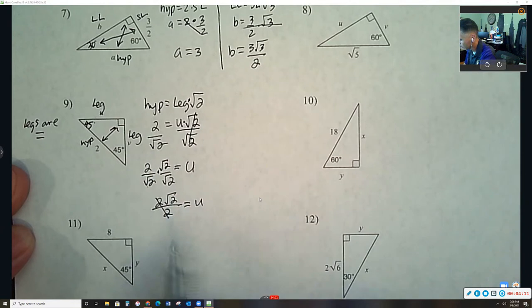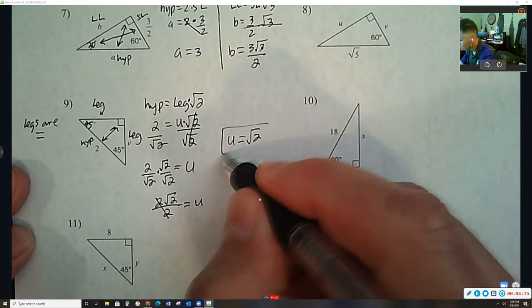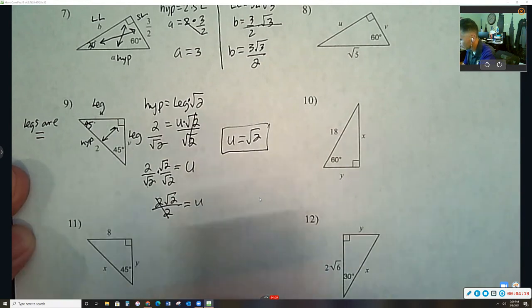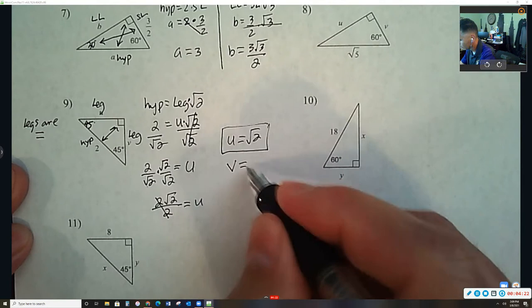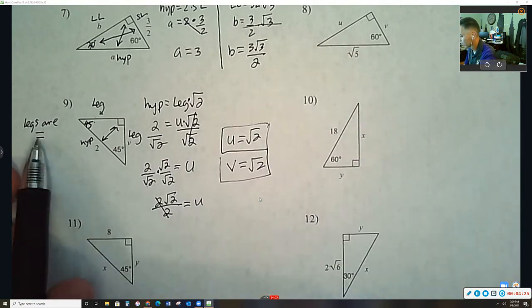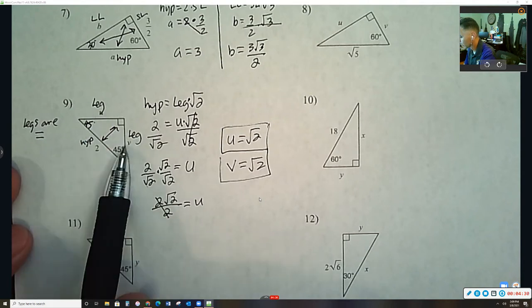Cancel these, and that's what you're left with. U equals square root of 2. And remember, U and V are the legs, and the legs are equal. So guess what V equals? The square root of 2. That's how you use this: the two legs are equal. That's the square root of 2, and that's going to be the square root of 2.